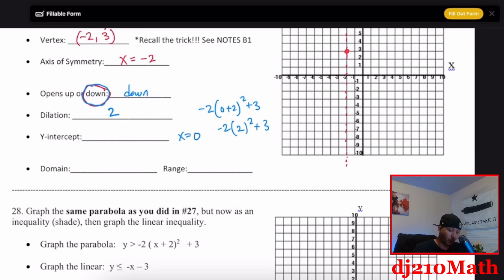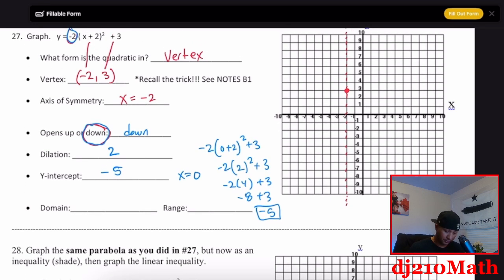So 2 squared is 4. So negative 2 times 4 plus 3. Negative 2 times 4 is negative 8 plus 3, which is negative 5. That is the y-intercept. The y-intercept is negative 5 when x is 0. So negative 5 is down here. We can mirror that across the axis of symmetry. And then it's going to look like this.